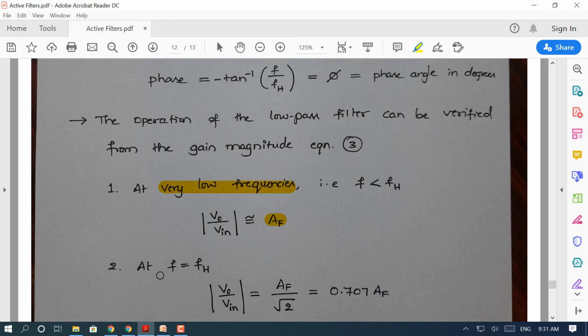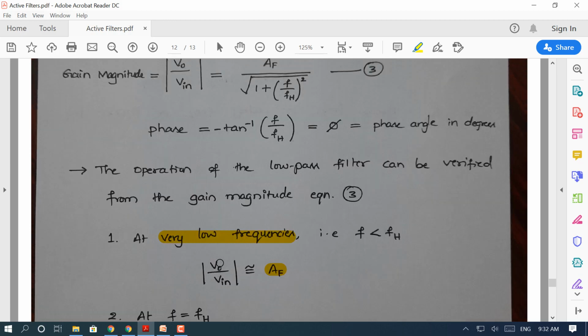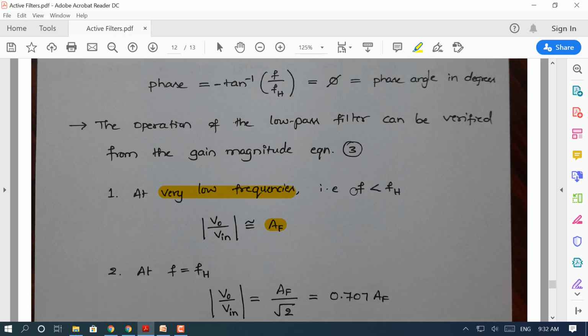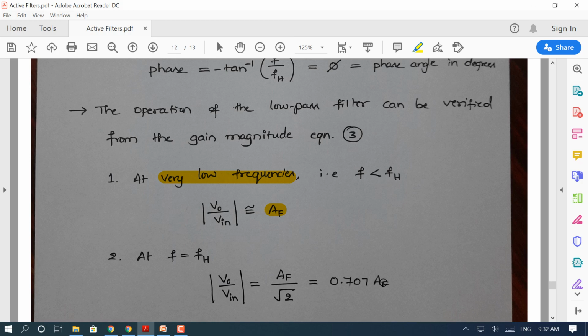What happens when the applied frequency is exactly equal to FH, the high cutoff frequency? When F becomes equal to FH, FH cancels, this becomes 1, and 1 plus 1 becomes 2, so we have root of 2. The final equation of V0 by Vin is now AF divided by root 2, which is nothing but 0.707 AF.